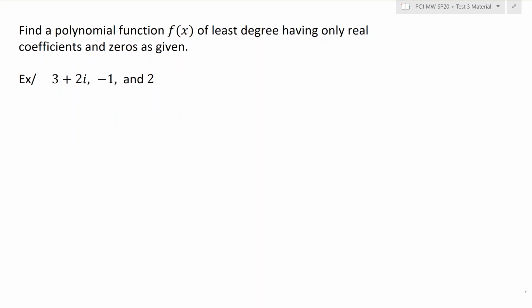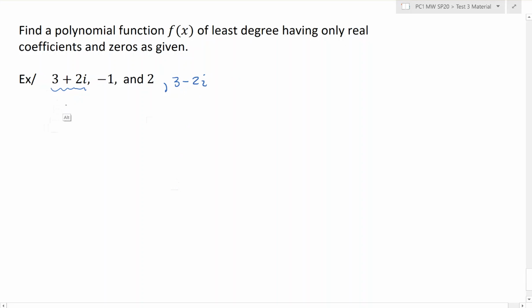I'm going to look at the numbers here, and I see the first one that's listed is a complex number, but we want a polynomial that has only real coefficients. If I have a polynomial that has only real coefficients and you have a complex zero, then its conjugate, which is 3 minus 2i, is also a zero of that polynomial.